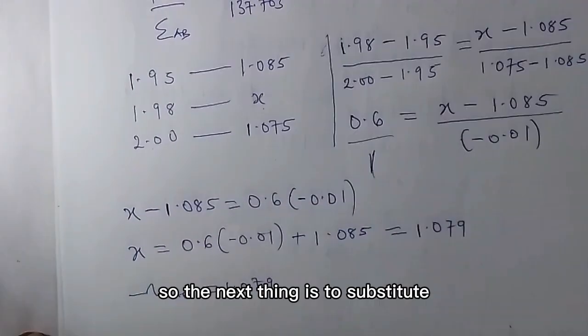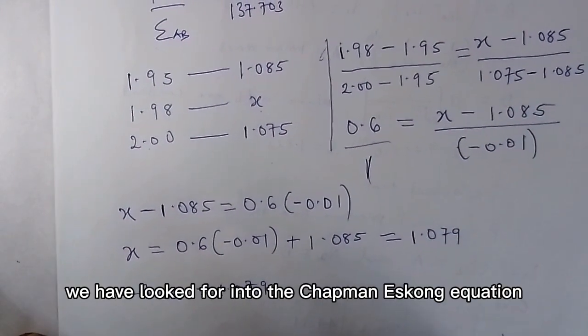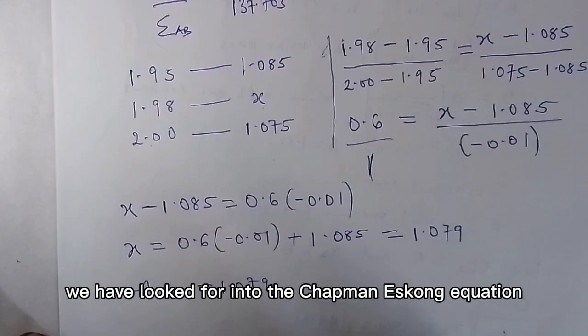So the next thing is to substitute all the parameters we have looked for into the Chapman-Enskog equation.